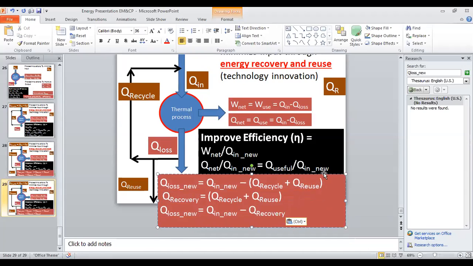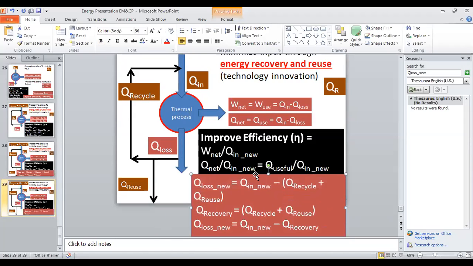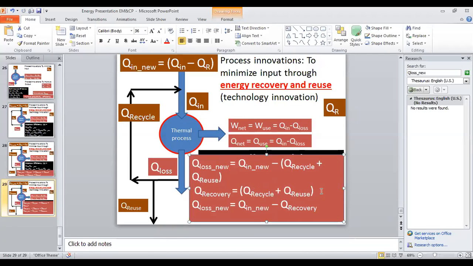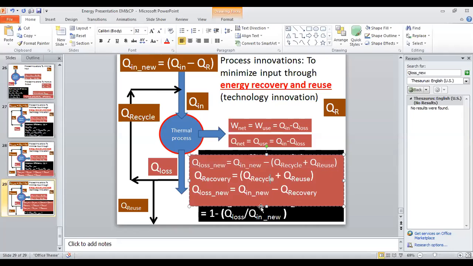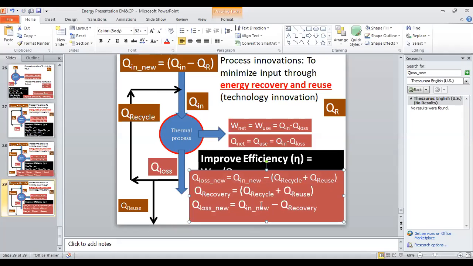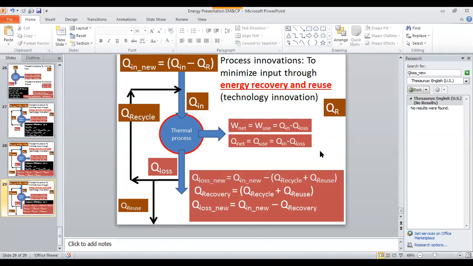That's why recovery is nowadays very important in energy applications. Okay, so in energy saving, energy recovery is something very important. Energy recovery is something very, very important.